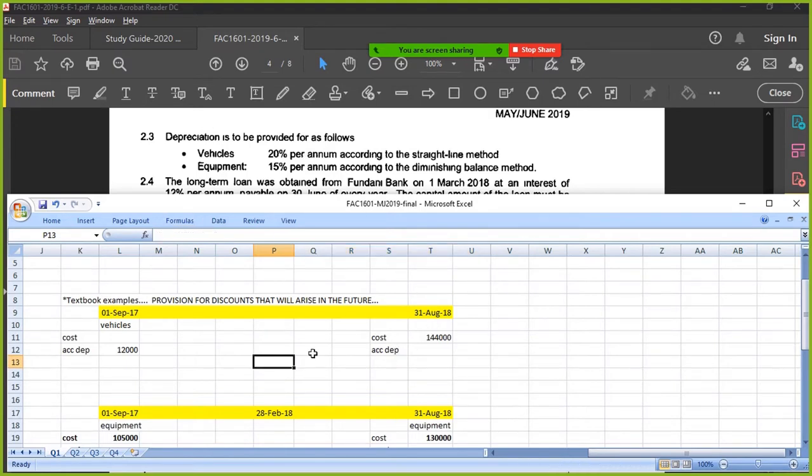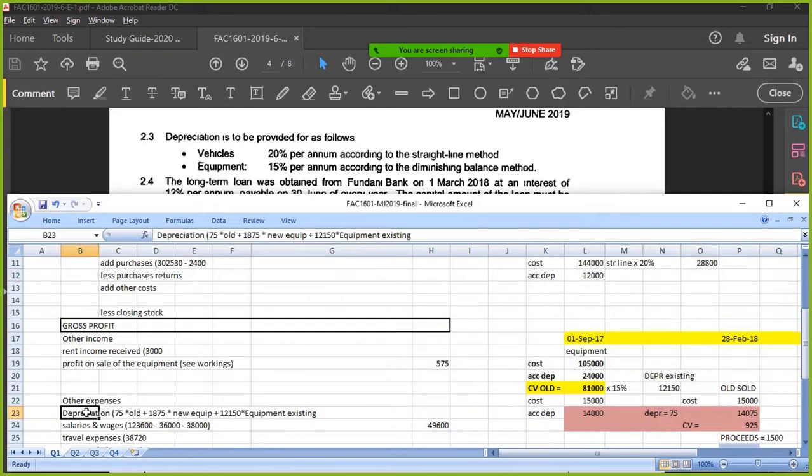If it's straight line, obviously what you had at the end would be the same as what you had at the beginning. Times that by 20%. Okay, 144 times 20% is 28.8. Plus 28.8 vehicles depreciation.